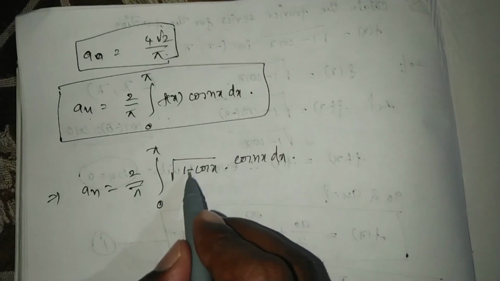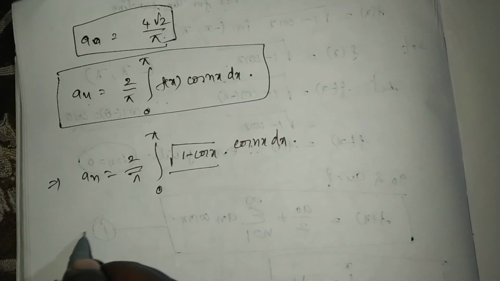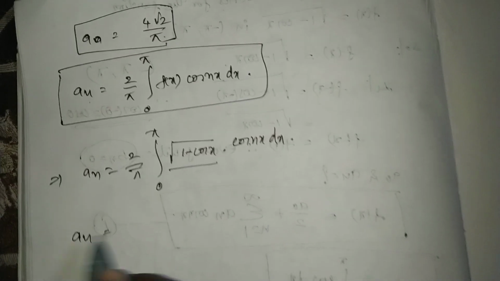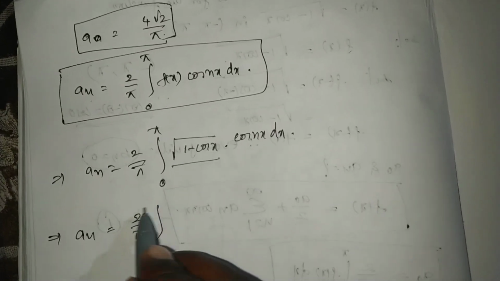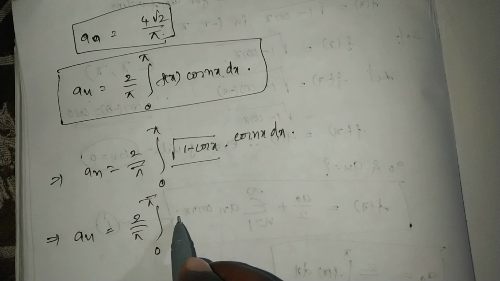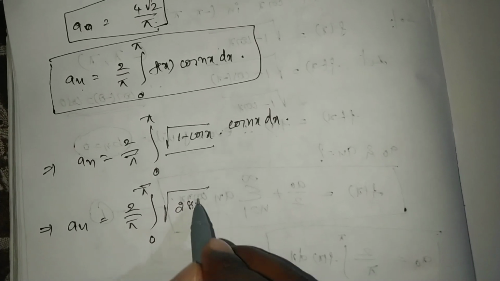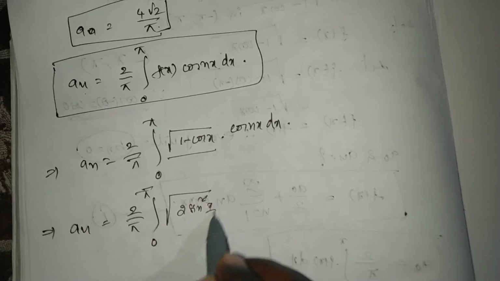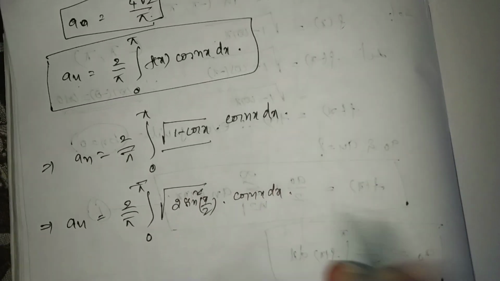Now again we have to apply the trigonometric half-angle formula here, that is, aₙ is equal to 2/π times the integral from 0 to π of √(2 sin²(x/2)) cos nx dx.